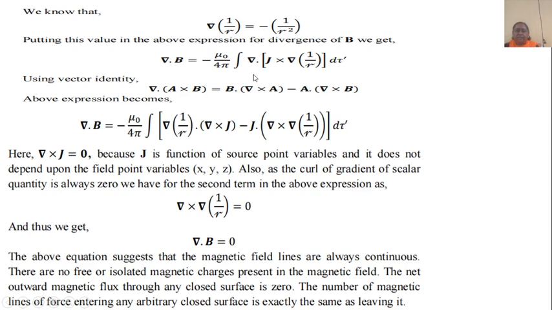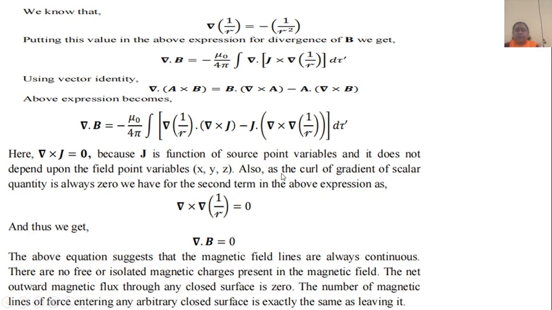So here del cross J equal to 0 because J is a function of source point variables and it does not depend upon the field point variables x, y, z.